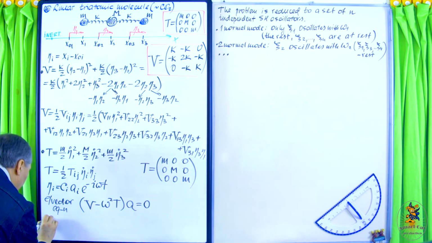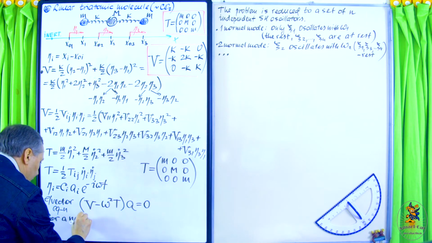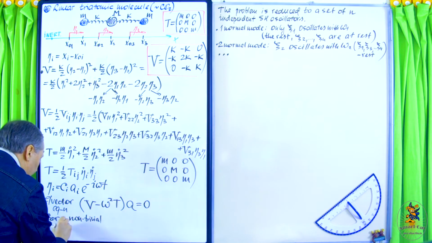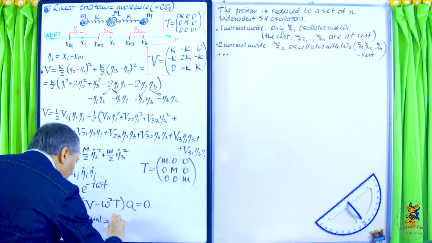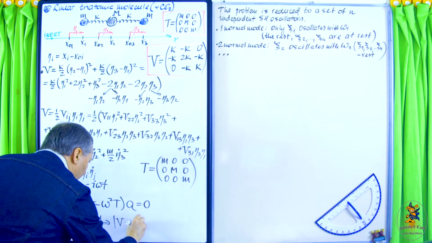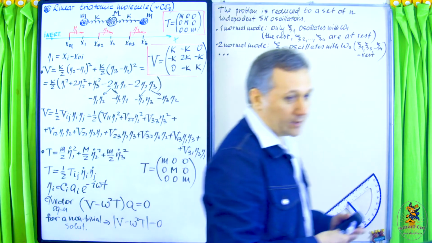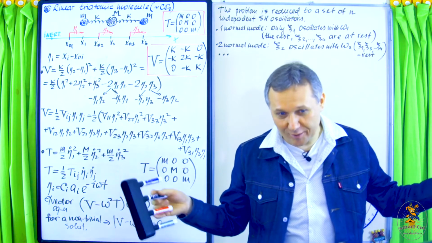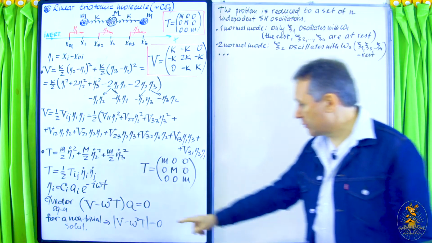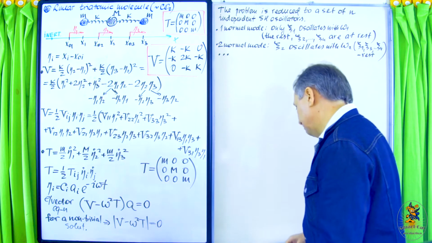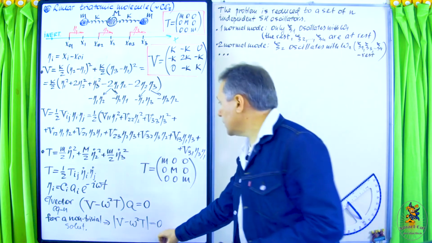So for a non-trivial solution, we have to demand that the determinant of V minus omega squared T equals 0, right? As a result, immediately our system becomes underdetermined, giving us some freedom to normalize eventually our eigenvector. So it happens over here, basically. Okay, so now, I can erase this.